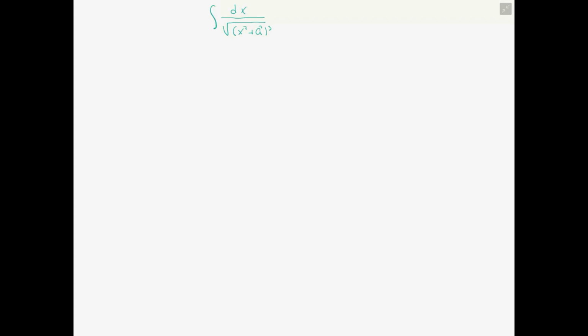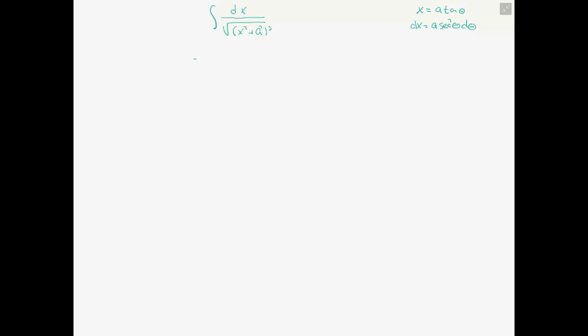So it's good to have these solved. Again, in this case we use x equals, I'm sorry, a tangent theta. I always forget that constant, but it's important. So dx equals a secant squared theta d theta.